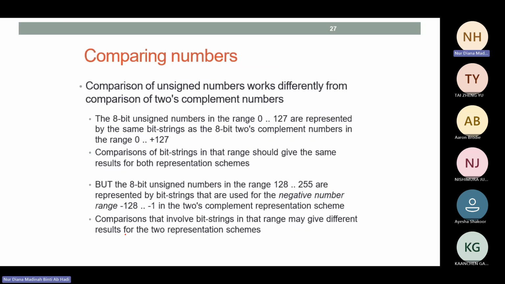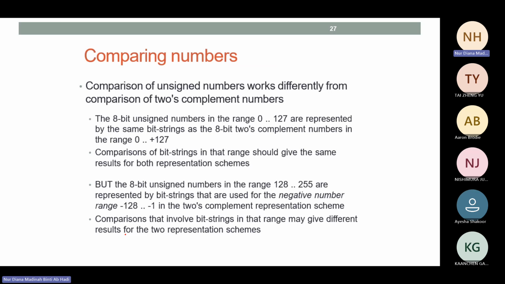Next, comparison of numbers. Comparison of unsigned numbers works differently from comparing two's complement numbers. The 8-bit unsigned numbers in the range of 0 to 127 are represented by the same bit strings as the 8-bit two's complement numbers in the range of 0 to positive 127. Comparison of bit strings in this range should give the same result for both representation schemes.